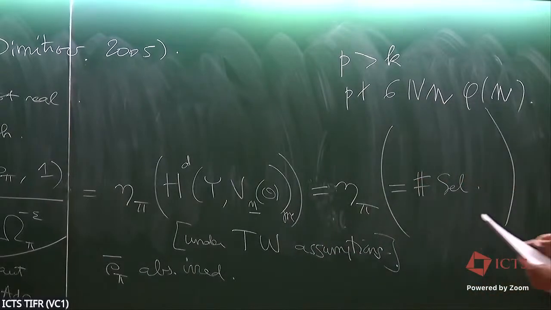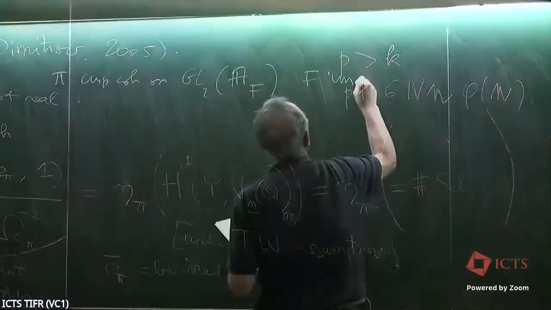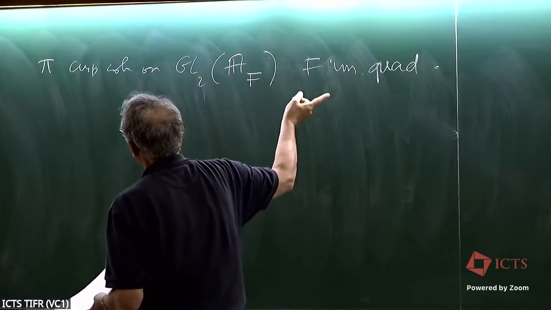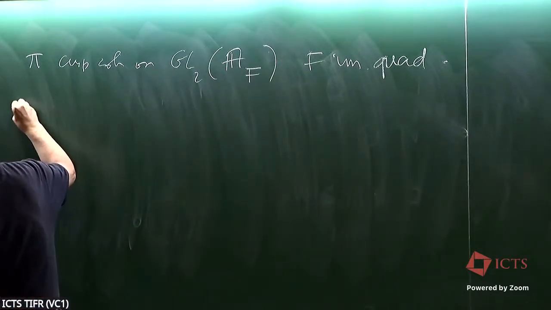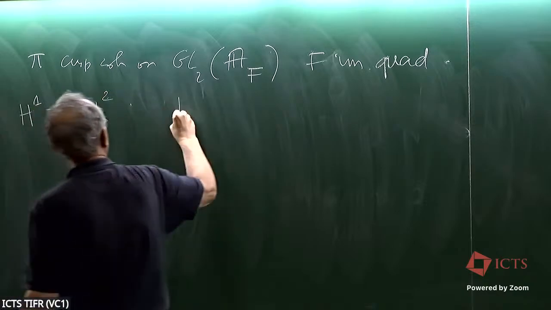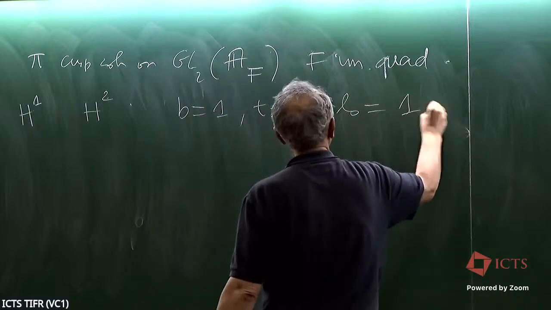But now if we take an imaginary quadratic field, so now we take pi cuspidal cohomological on GL2 of an imaginary quadratic field F. You remember that in that case, you have two interesting cohomology groups, H1 and H2. Bottom is 1, top is 2, and L0 is 1.